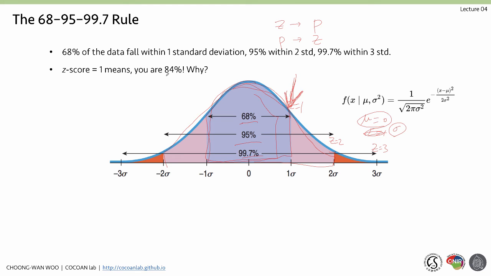So this is the probability or proportion, and so Z-score equals 1 means if you got the Z-score 1, you are at 84%. Why? Because it's including all the area below Z equal 1.